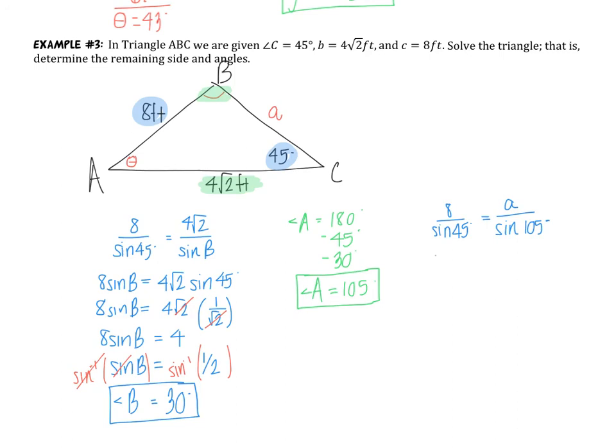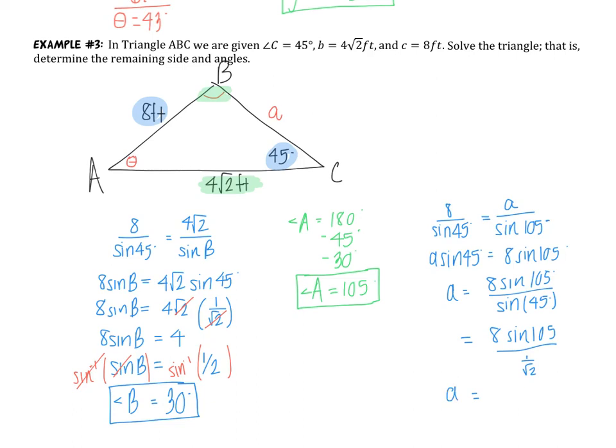Okay, same as before, cross multiply. So a is going to equal 8 sine of 105 divided by sine of 45. And you can use the parentheses if you want. Sometimes I do, sometimes I don't. So I won't be that picky. So we get 8 sine of 105, and we know sine of 45 is 1 over root 2.